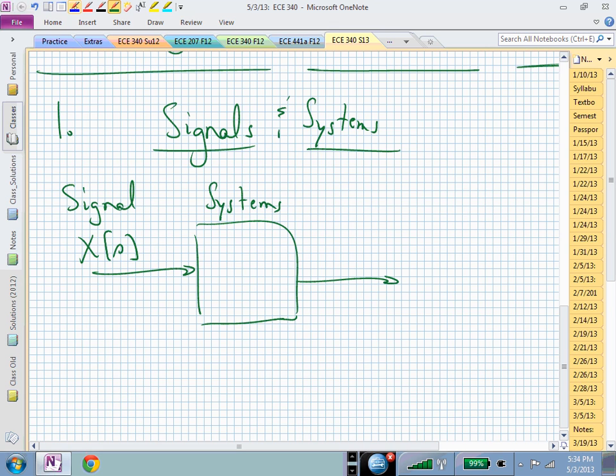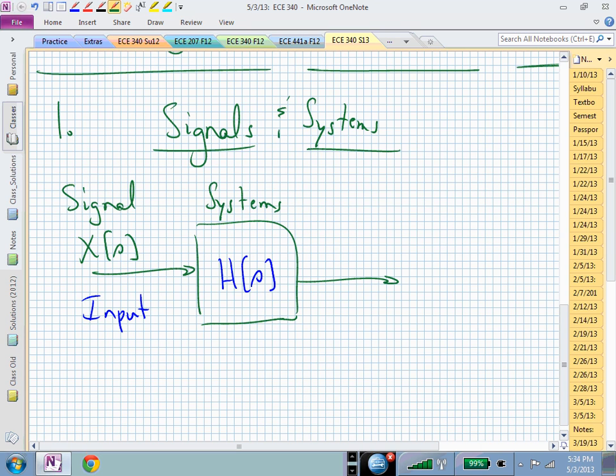You have an input labeled x, which could be little x of t in the time domain, or its transform in the S domain, the Laplace setting. You then process that through some system, and that system could be anything.